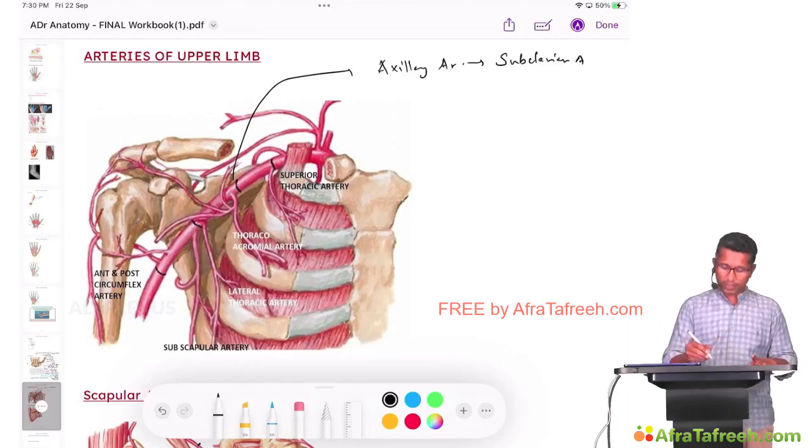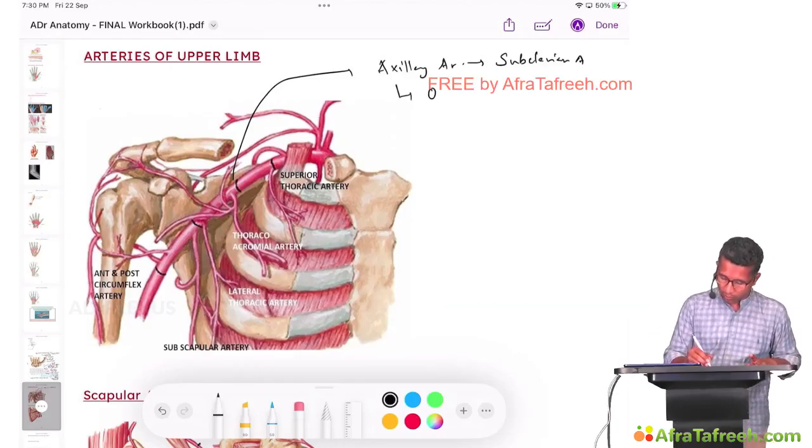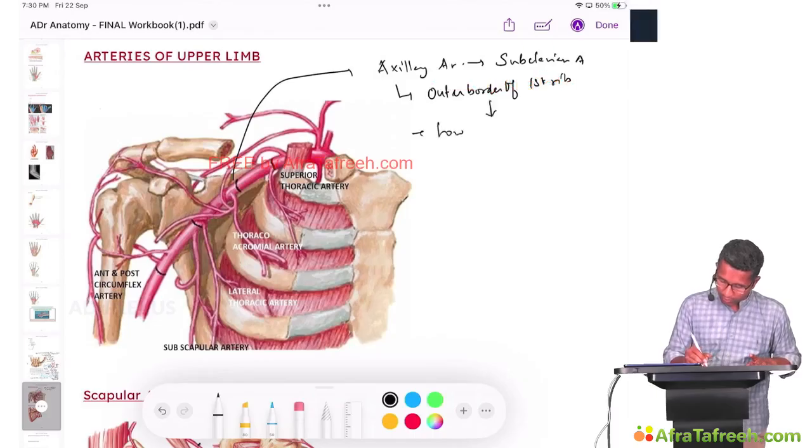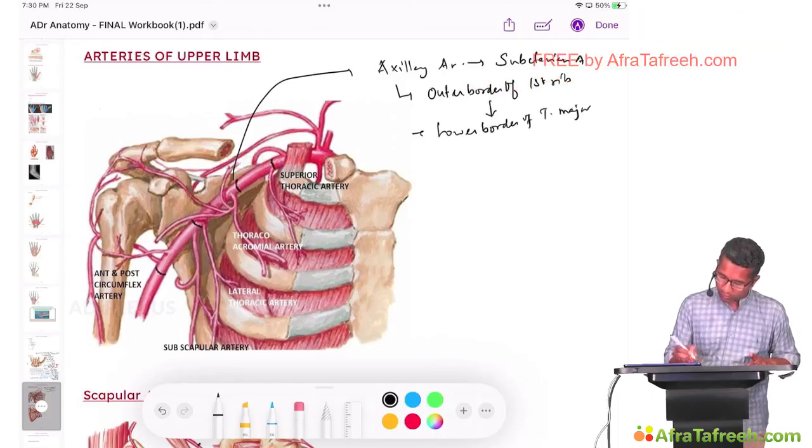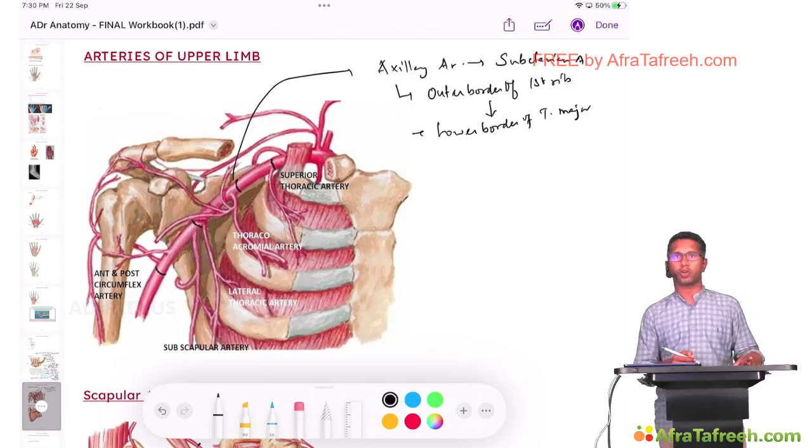Now the axillary artery extends from the outer border of the first rib to the lower border of the teres major.